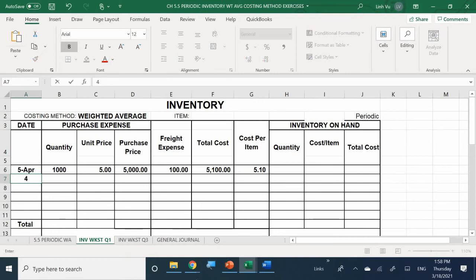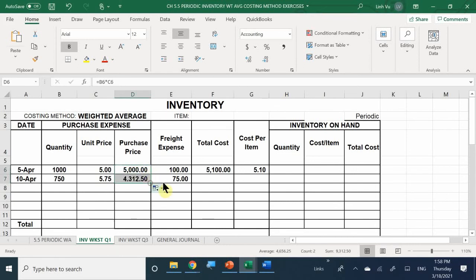So for April 10, we have 750 items at $5.75 with $75 freight. So, what is my total purchase price? $4,312.50. Okay, and my total cost? $4,387.50. Right.